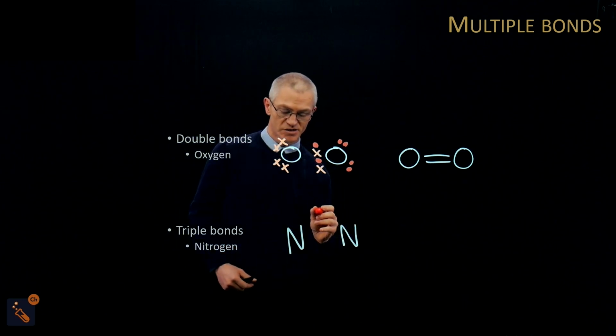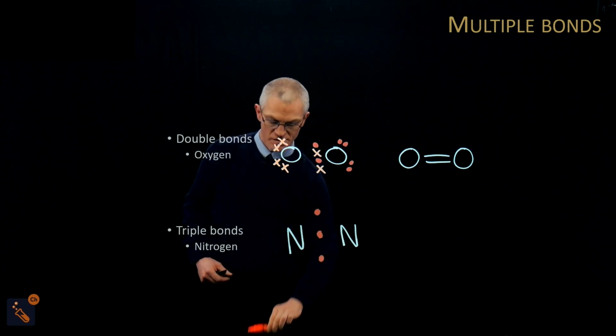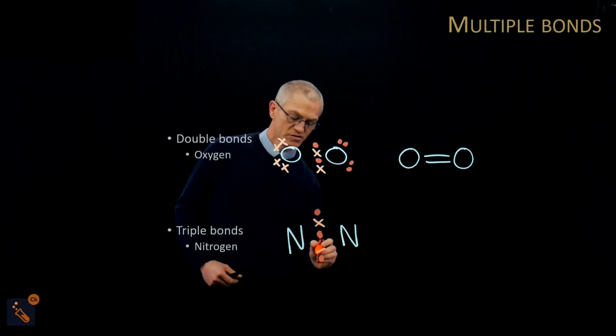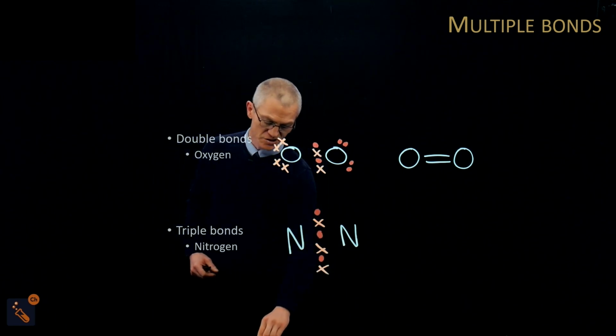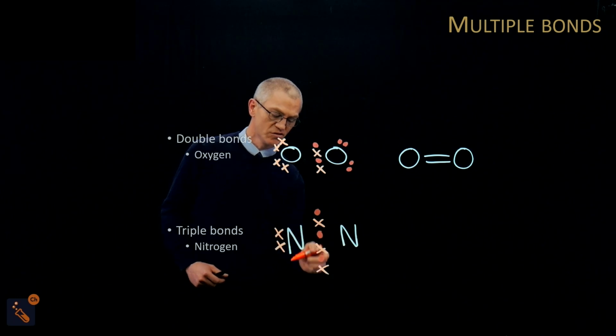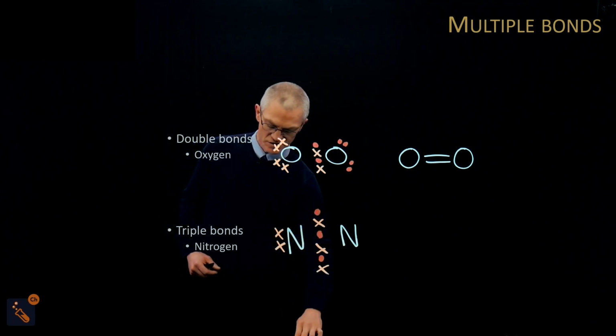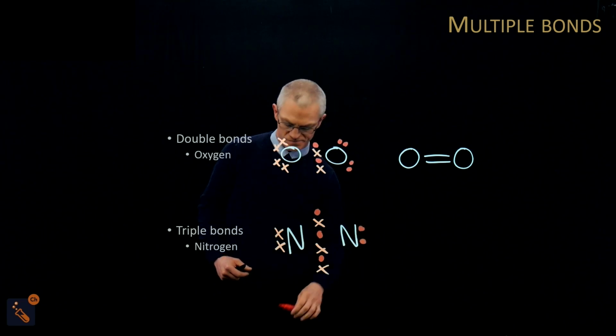So 3 are unpaired, so I'm going to go 1, 2, and 3. And then I'm going to draw the other ones. Remember, the unpaired share. So if we then draw the other electrons, there were 5 electrons in total, so 1, 2, 3, 4, 5, and then we draw the other electrons here as well.